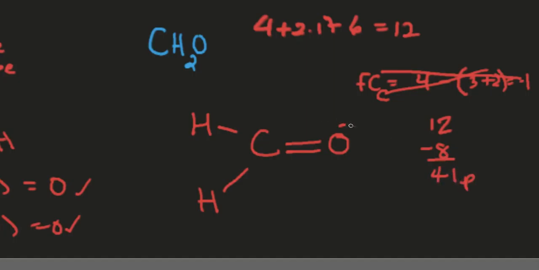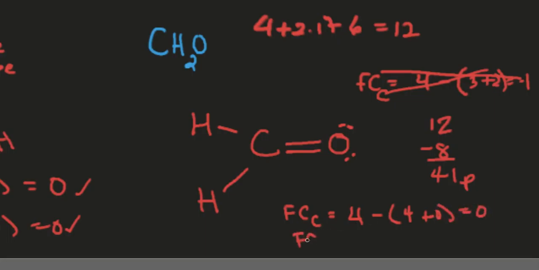So if I put 2, 4 right there, let's see if our formal charges work out. Carbon: 4 valence, 4 bonds. That's neutral, good.